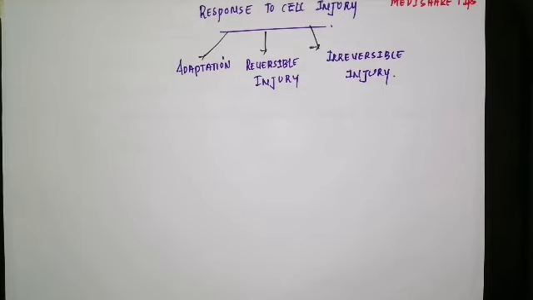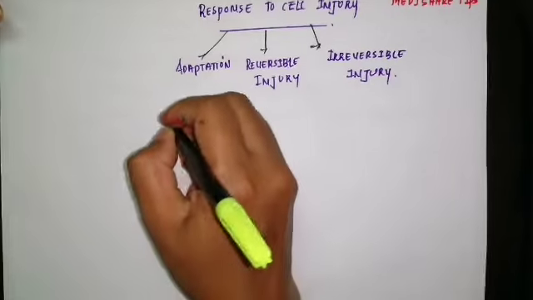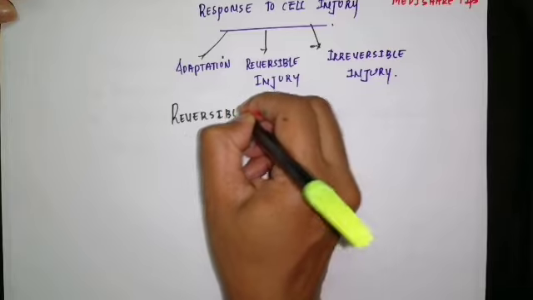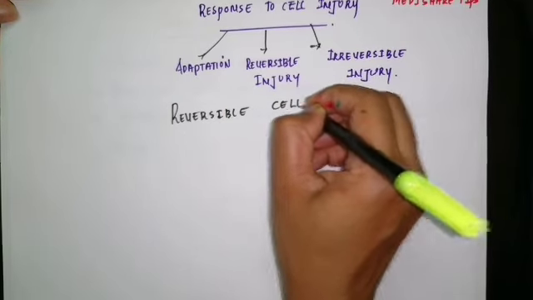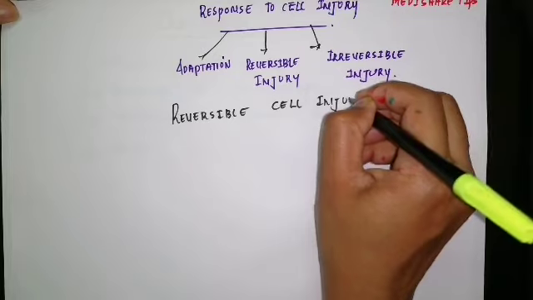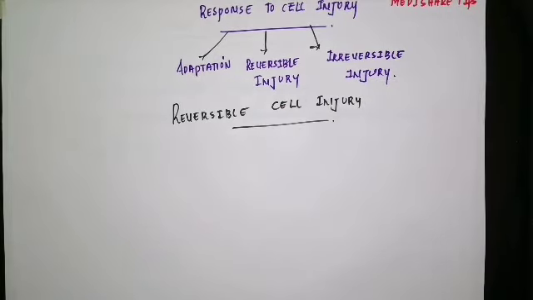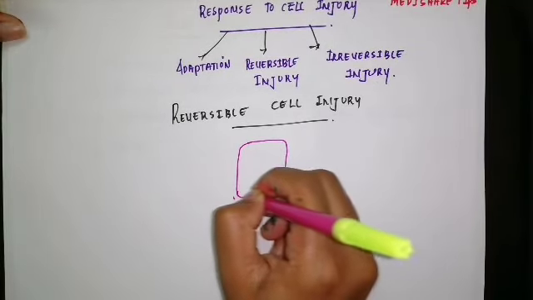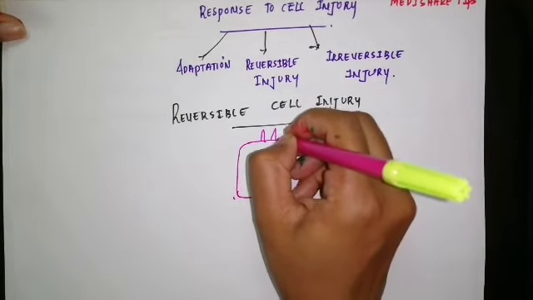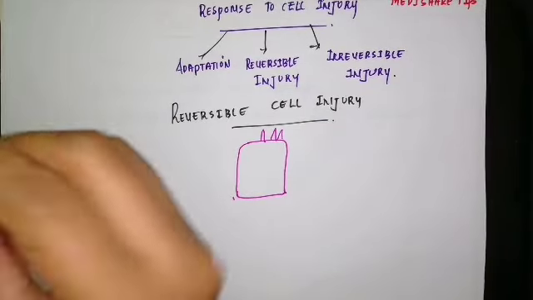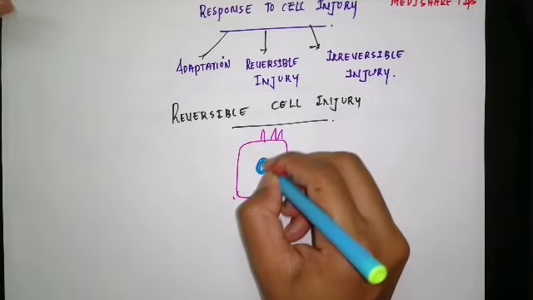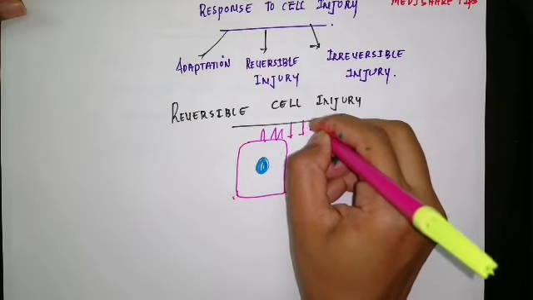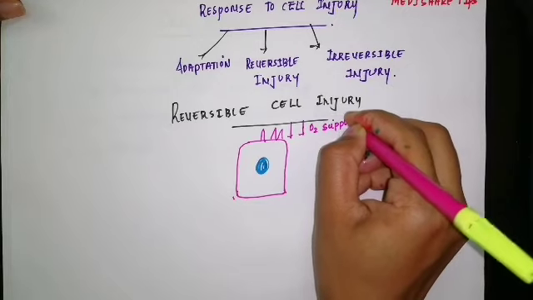Now we will see reversible cell injury and the changes which take place in reversible cell injury. Just imagine a cell here. There is hypoxia, decreased oxygen supply to the cell.